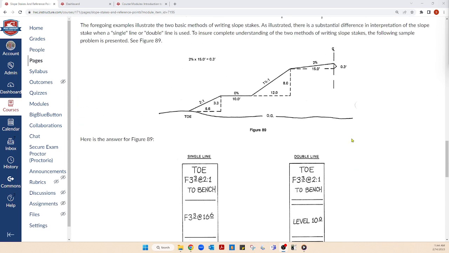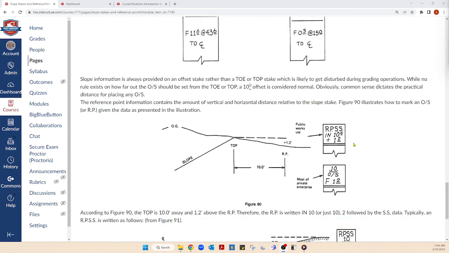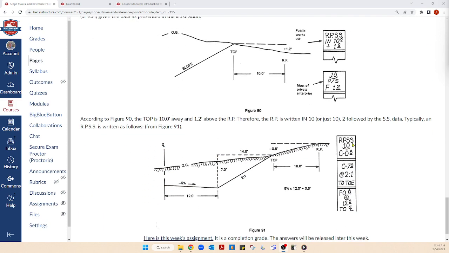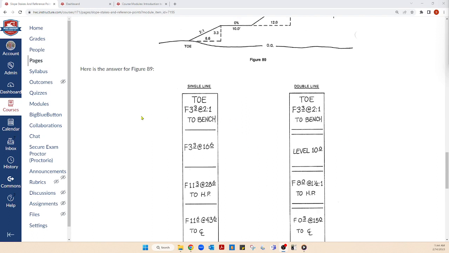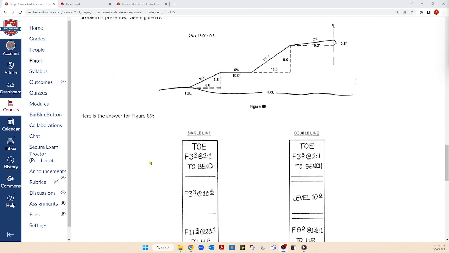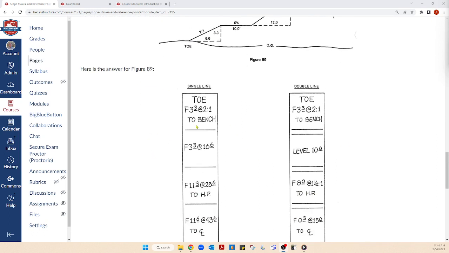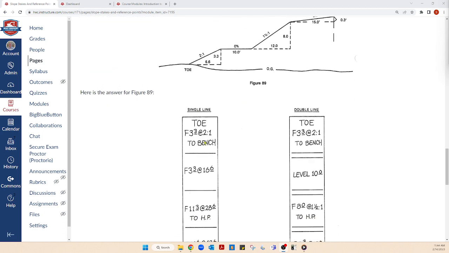Back to this little guy. Let me just go through it and see what they mean by example problem. We'll discover as we go along. Right now, we'll work this together. Here's your single line, here's your double line, and as always, they're going to be the same, because things measured from this will be measured from this toe.